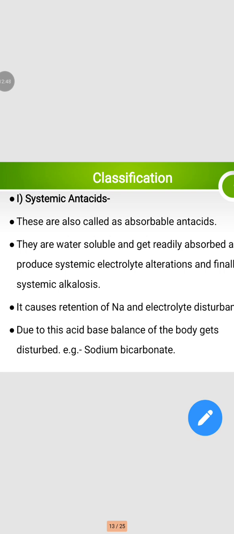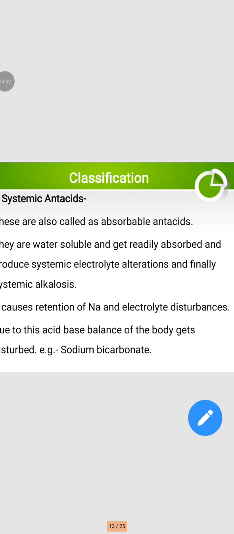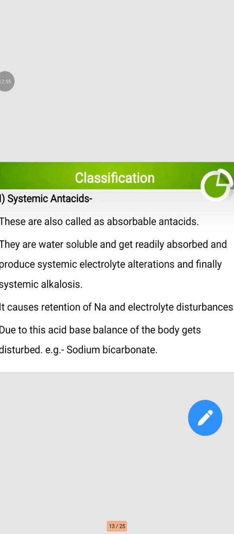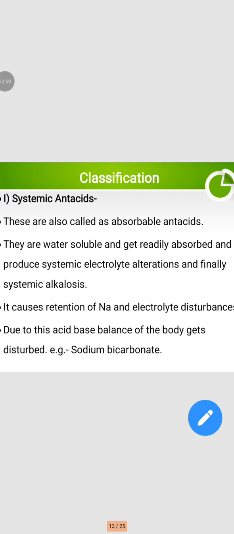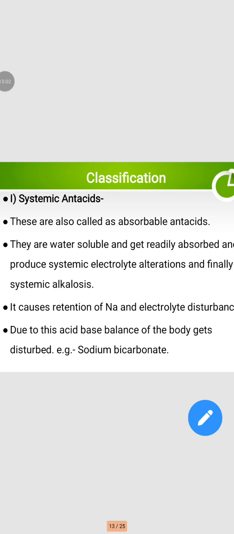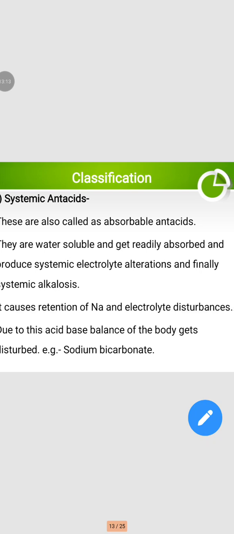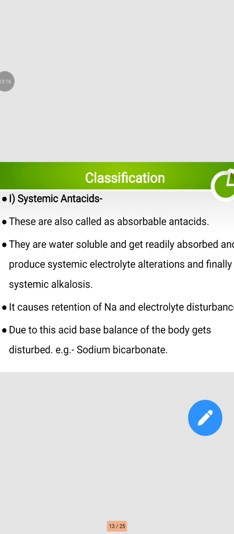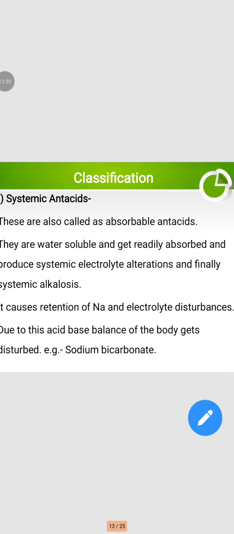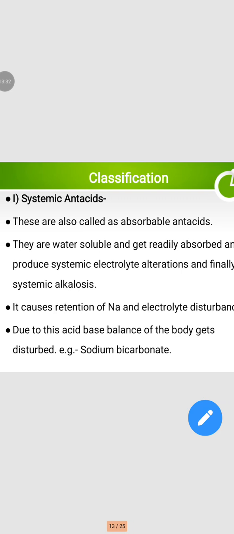They are water soluble and get readily absorbed and produce systemic electrolyte alterations and finally systemic alkalosis. They cause retention of sodium and electrolyte disturbances.